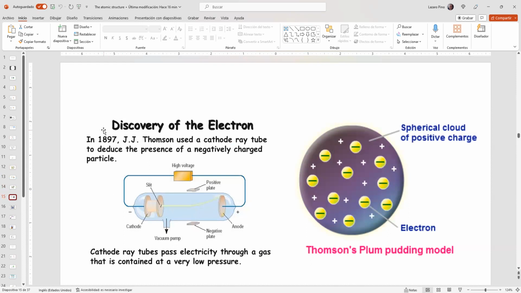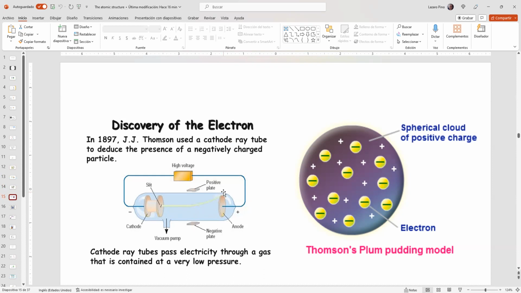It was in 1897 when Thomson used a cathode ray tube to detect the presence of a negatively charged particle, the electron. He discovered the electron.